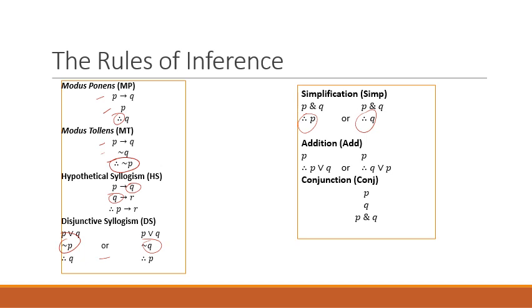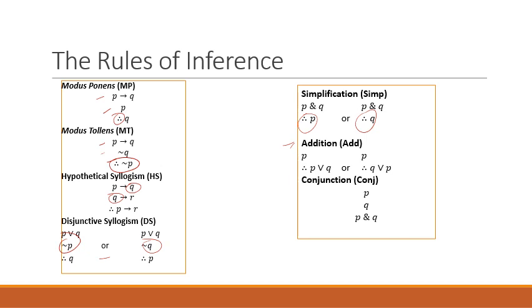Okay, so another rule is addition, and this is another rule that only requires one line instead of two, like the ones on the left require. Addition is kind of weird because what addition says is that you can take any line and add whatever you want to it, right? Like literally anything, as long as it's a sentence in the language, you can add it to your line.